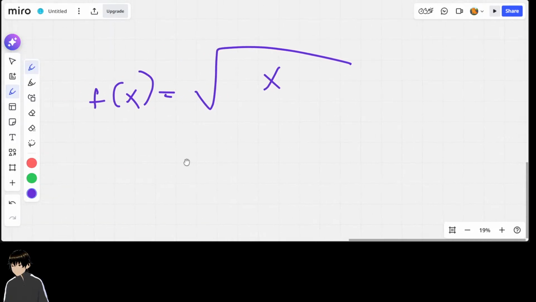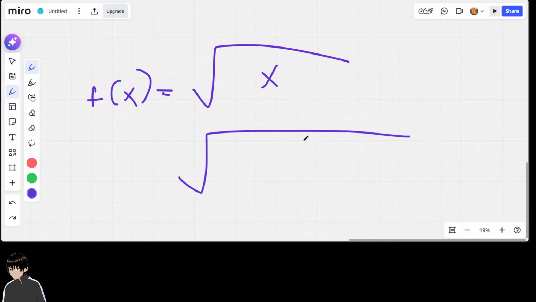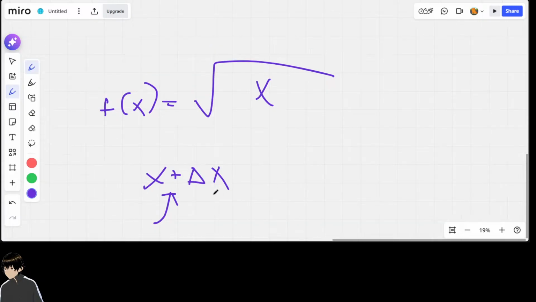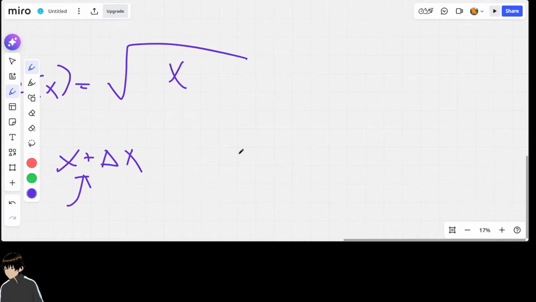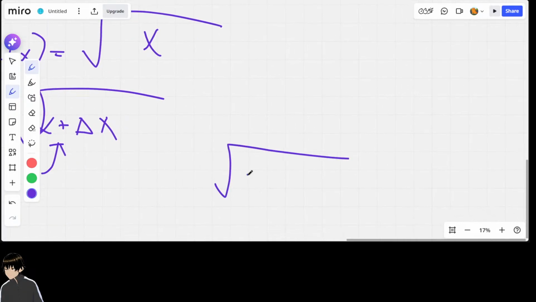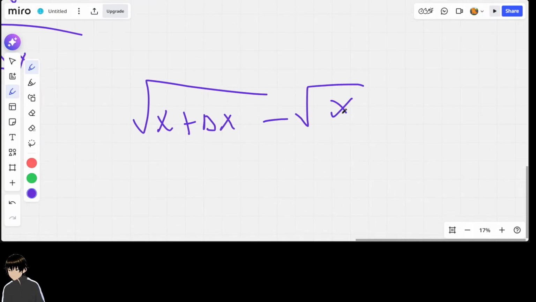So first you have, the first step is x plus h. This is x plus h. So change that to this. Okay, change that to this. This minus this. Bam.